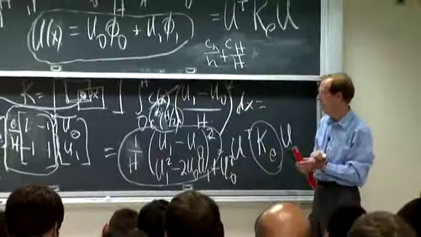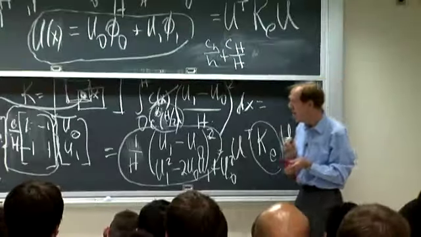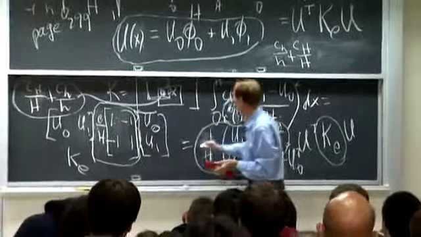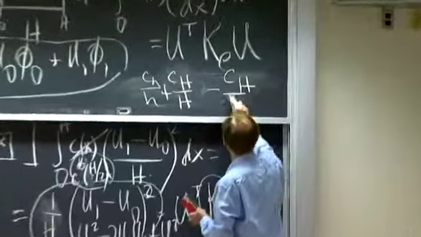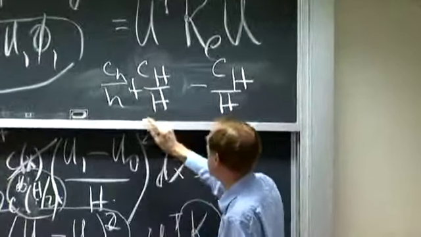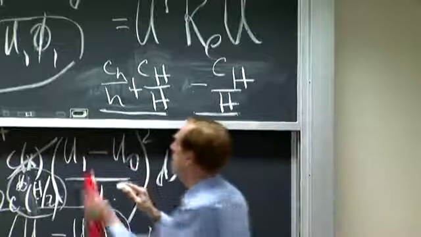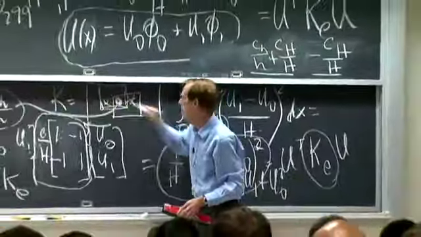What will the entry be that sits there when I assemble? Just this guy, right? Just this guy times that. The entry here will be the minus c big H over big H. That'll be the entry. This is the diagonal one. This is the one to the right. And what's the one to the left? What's the one here?